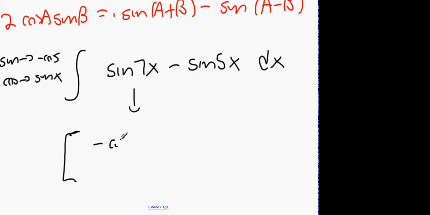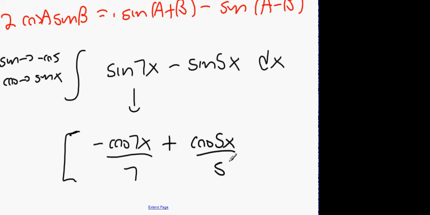Minus? And all over? What about this one here? Minus minus? And what is minus minus cos? Plus, so just turn it into plus. So plus cos 5x all over, and then plus c.